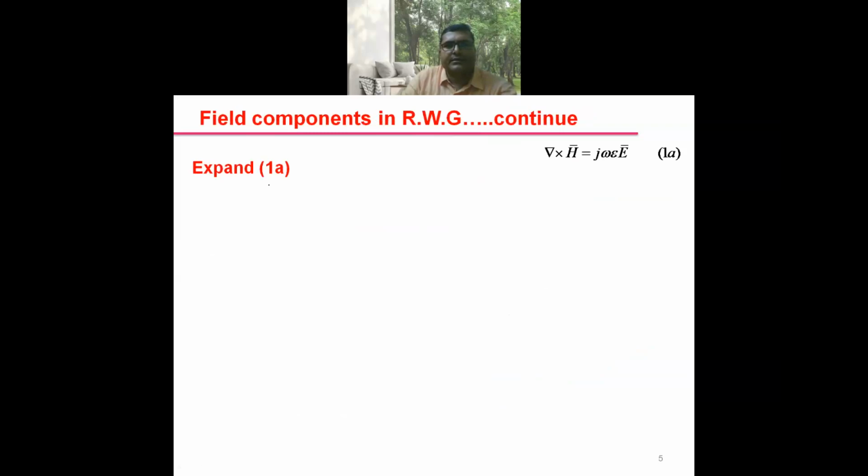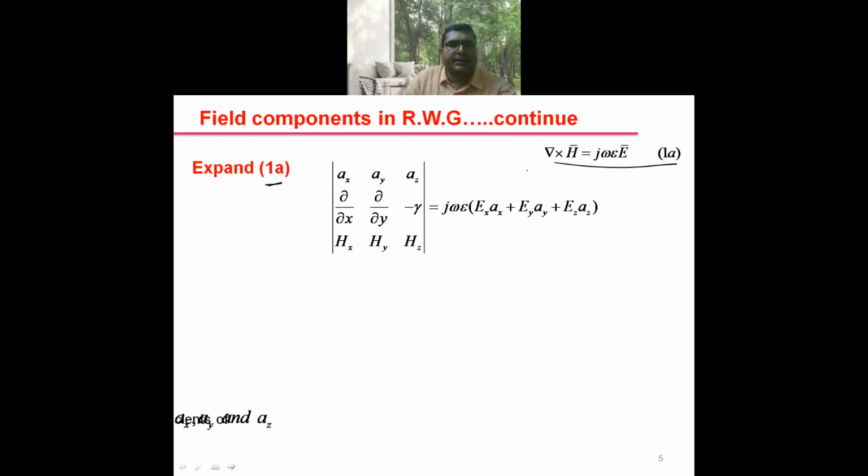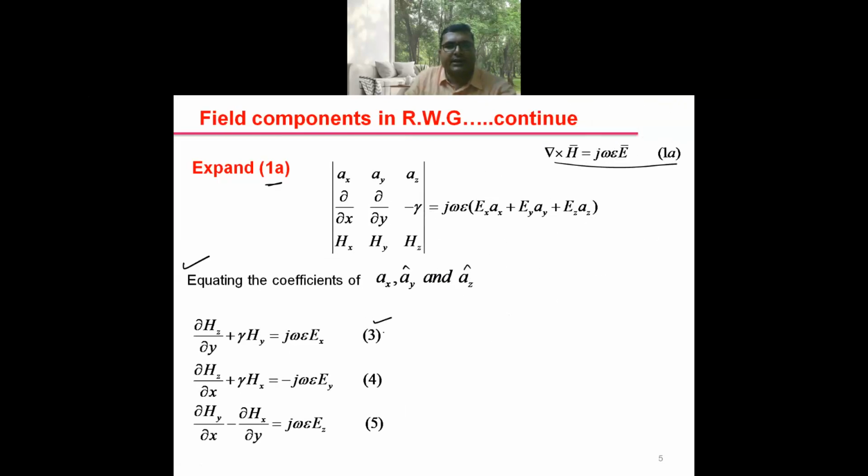Now expand 1a, del cross H is equal to j omega epsilon E. By expanding 1a and equating the coefficients of ax, ay, and az, we get equations 3, 4, and 5 respectively.